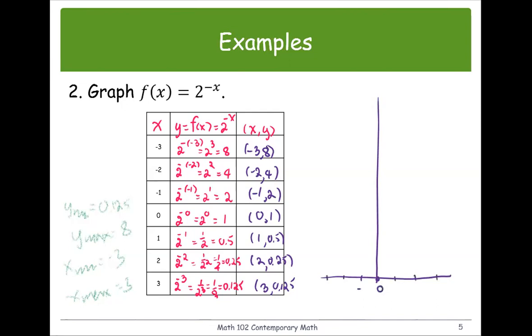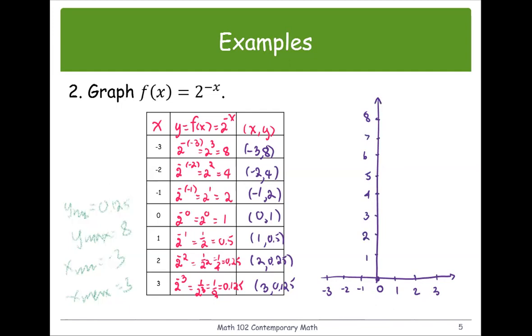So 0 here, negative 1, negative 2, negative 3, 1, 2, and 3. And then the scale for the y, the maximum is 8. Make sure we cover the highest value 8 and then break it up to a half, which is 4, and then one more half here. And next, this is 1, and then 3, and then this is 5, and this is 7.